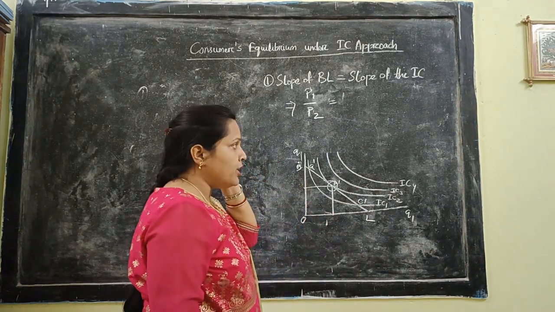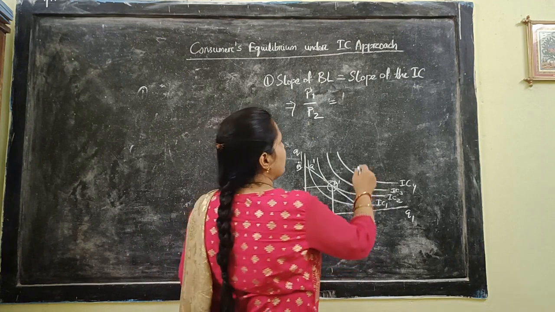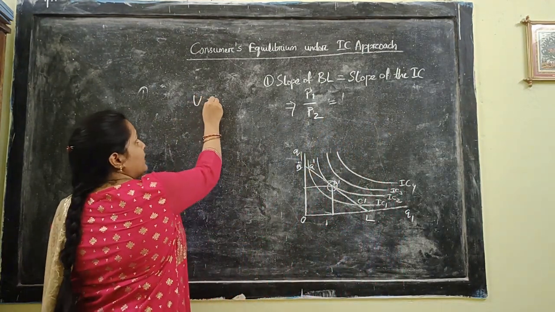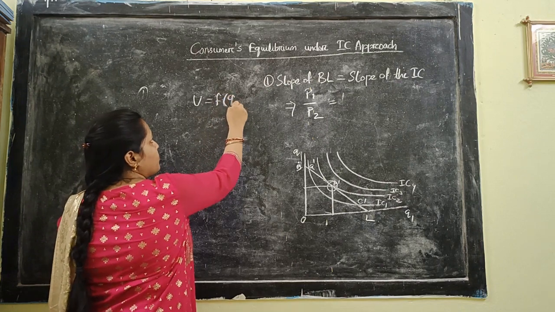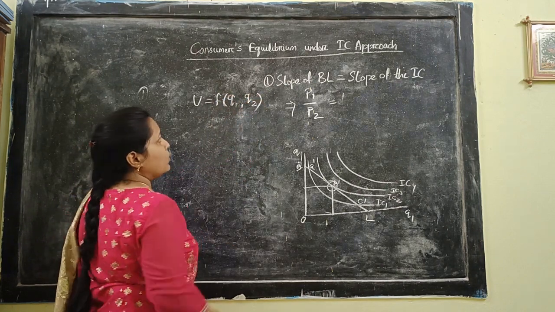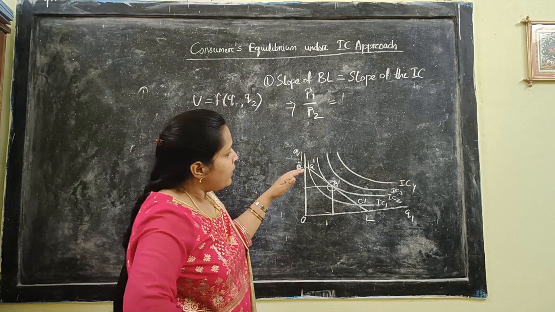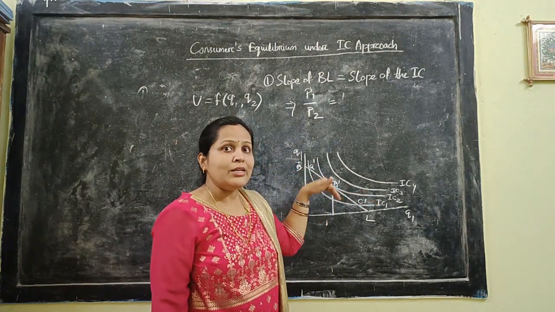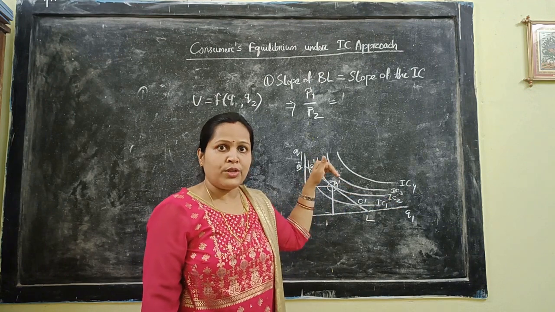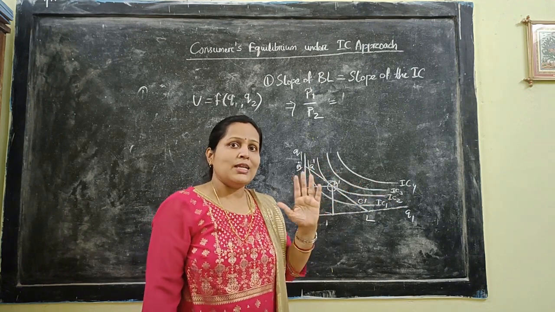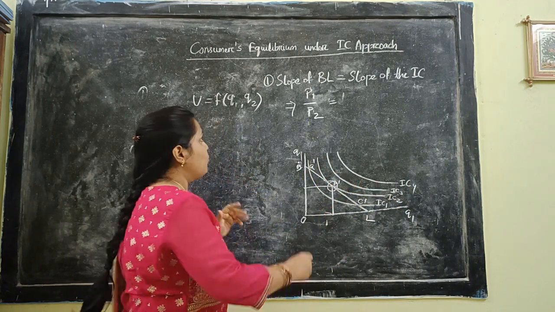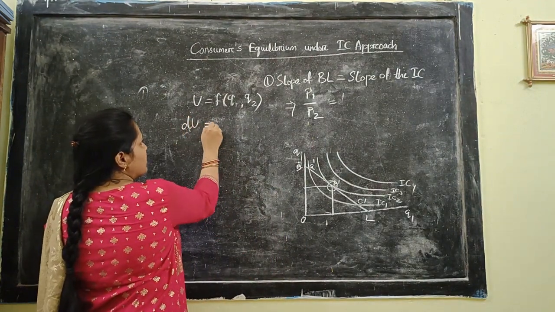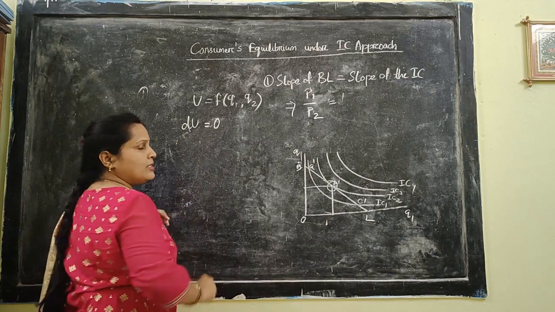What is the slope of the indifference curve? Suppose utility is a function of Q1 and Q2, right? We know that on an indifference curve the level of satisfaction is the same. That means the change in utility is zero: dU is zero.